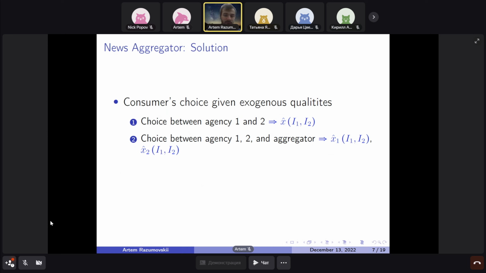Firstly, we can think about two indifferent guys, if we assume that this area is somewhere in between. So firstly, we will have a different agent between agency 1 and the aggregator, and then we will have a different agent between the aggregator and agency 2.